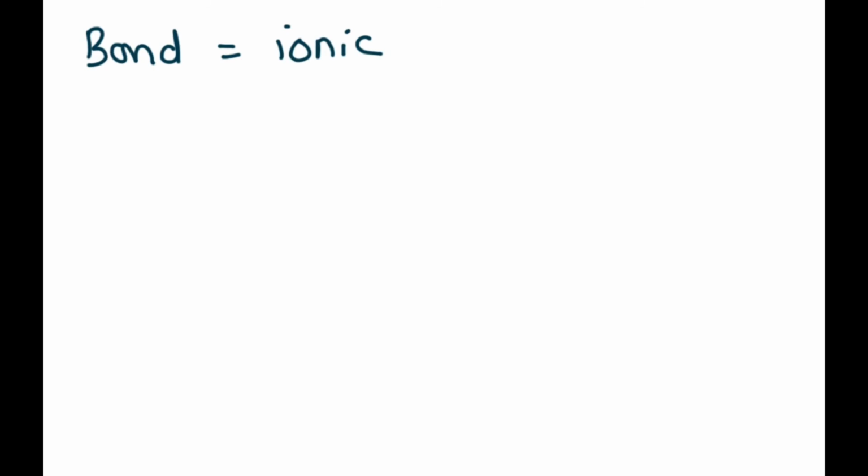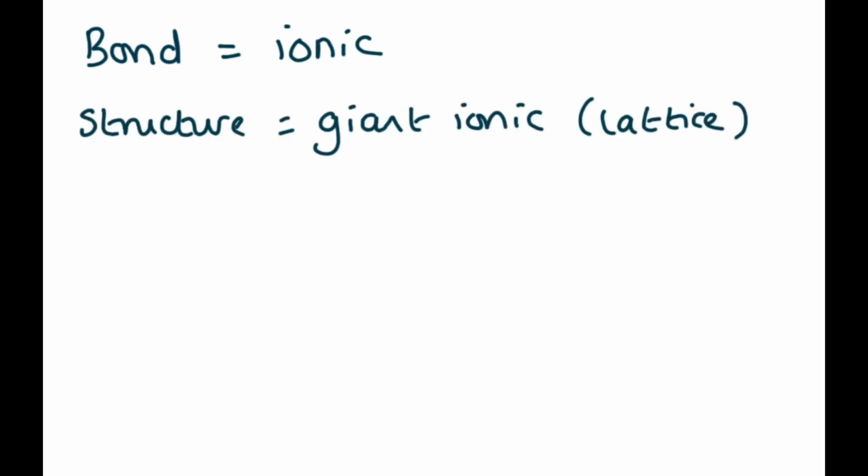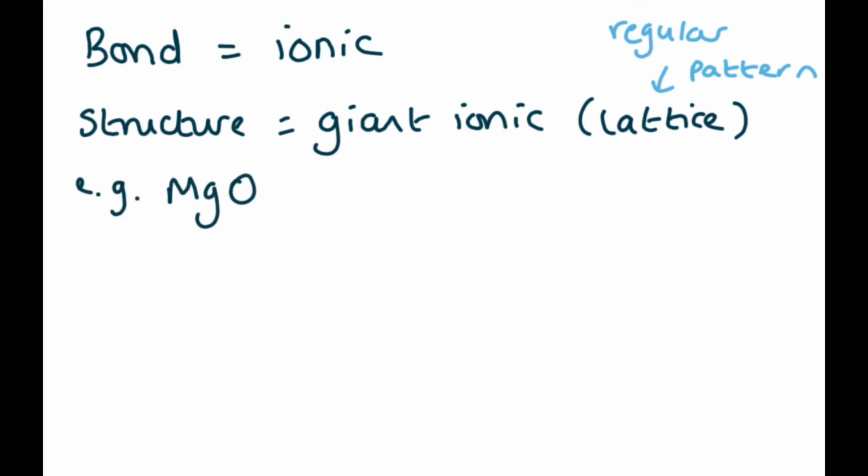If the bond is ionic, then the structure is always giant ionic. Giant means many. And you can include the word lattice. Lattice just means a regular pattern. So if you take magnesium oxide, that formula, which we call an empirical formula, shows the ratio of magnesium to oxygen.